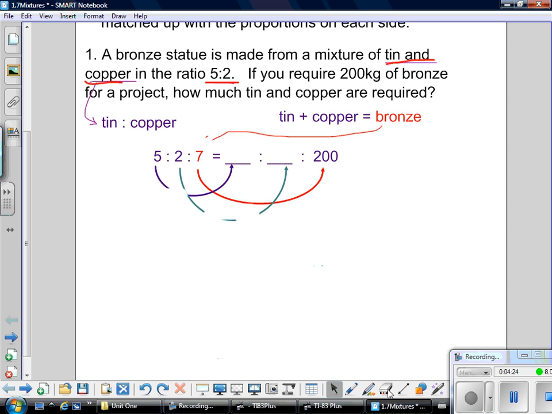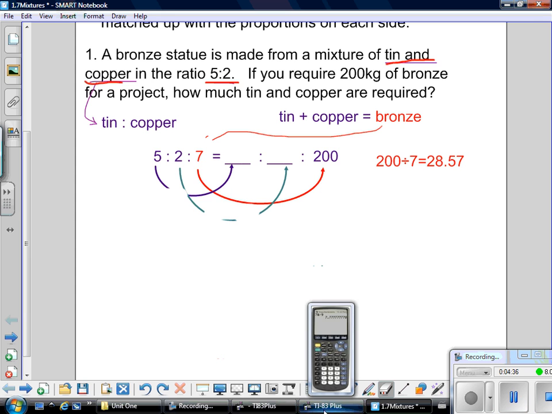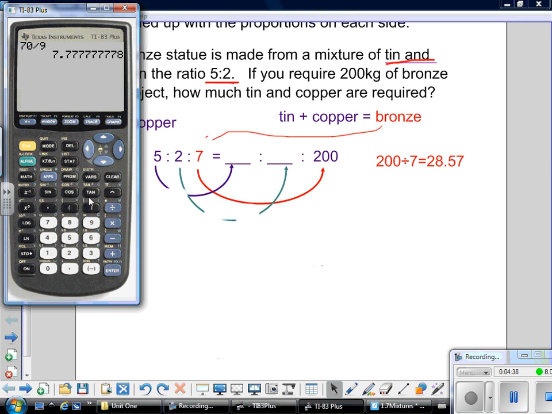Remember, going this way I'm multiplying, so I could literally go 200 divided by 7. When I do that, I get 28.57. Just to make sure, up comes our calculator again. 200 divided by 7 gives 28.57, and it's actually an irrational number; it goes on forever.